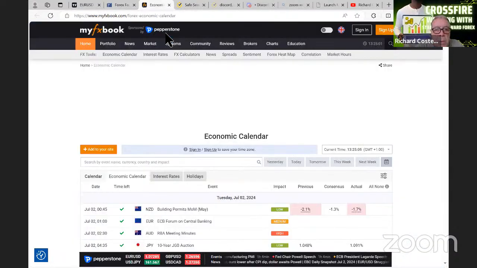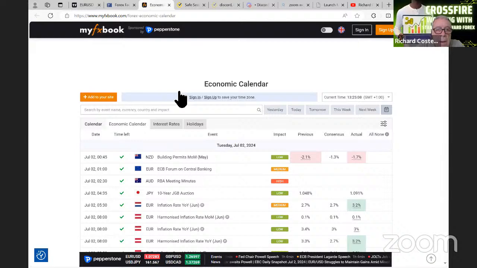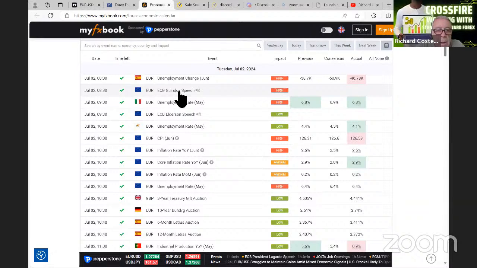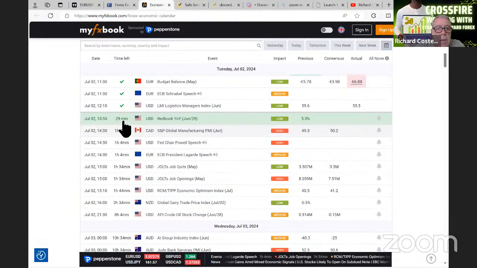I just confirmed on another source of news. This is the MyFXBook economic calendar. It goes into a bit more detail, and once we get to current time, it's saying in 29 minutes there's some low impact US dollar, there's some high impact Canadian dollar at 2:30, US dollar at 2:30, euro medium impact at 2:30, and then you've got high impact at 3 o'clock on the US dollar and medium impact on the US dollar.